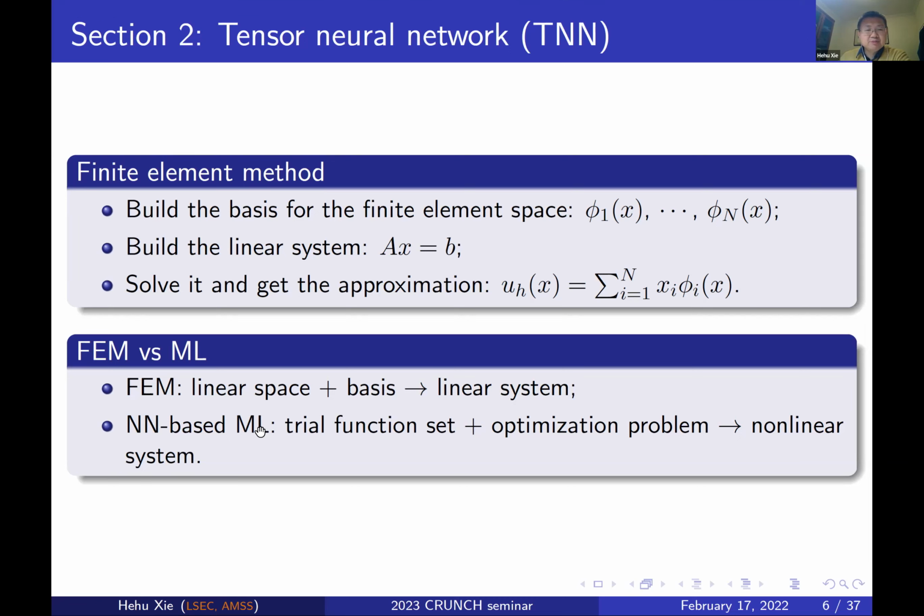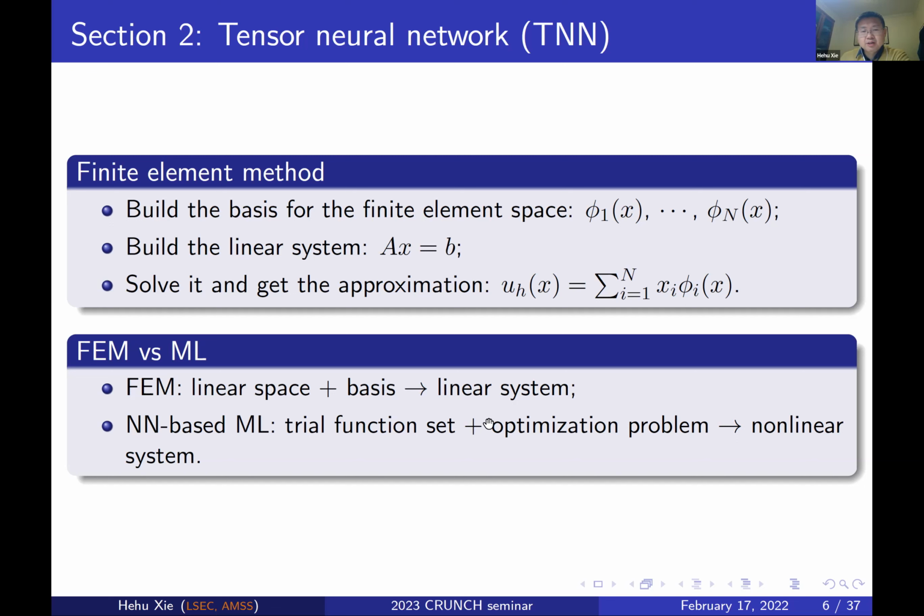But as we know, in the machine learning method, we use a neural network to build this trial function set, and this is the difference. We always use some type of optimization method to solve.